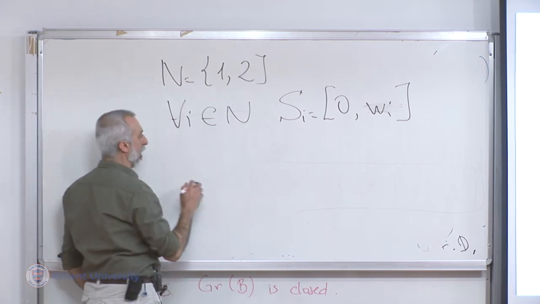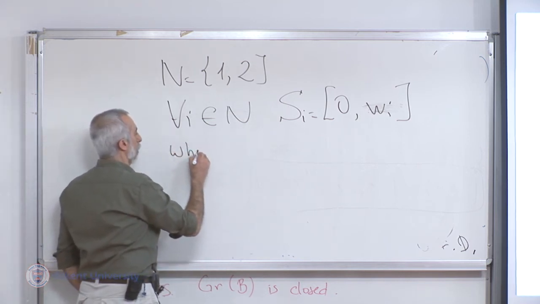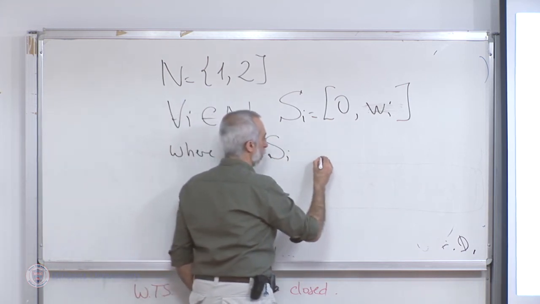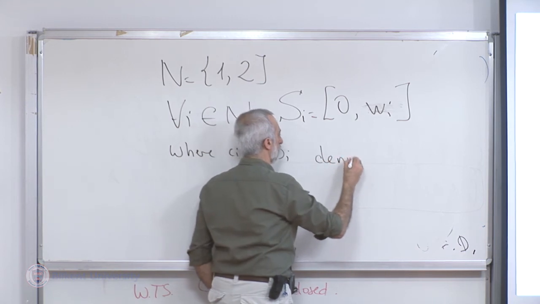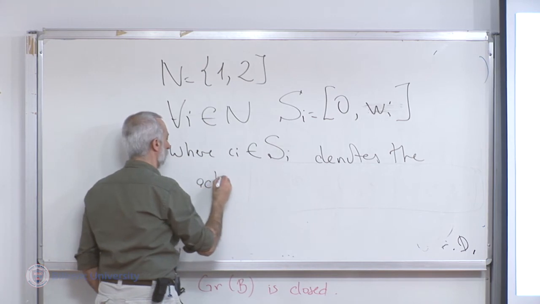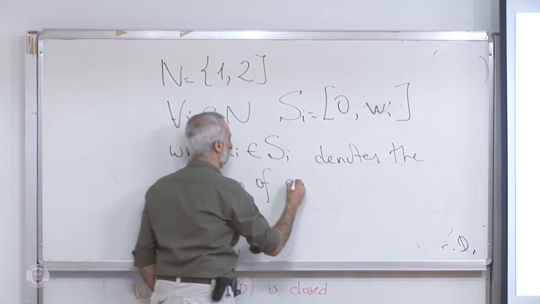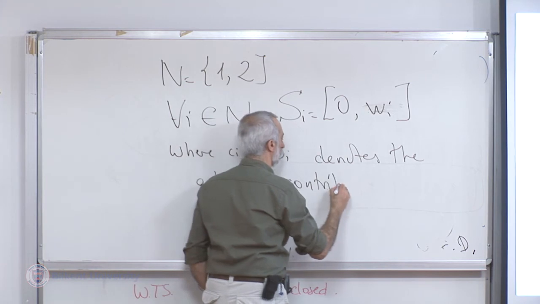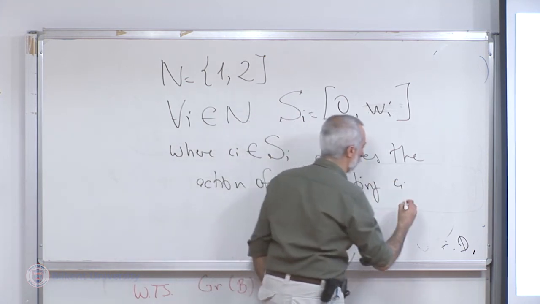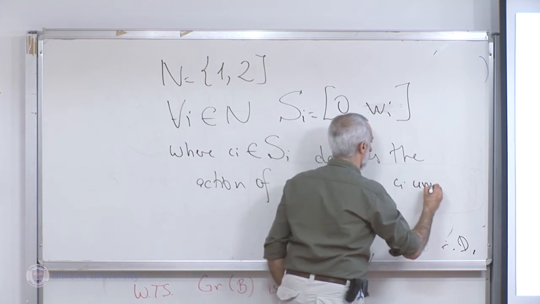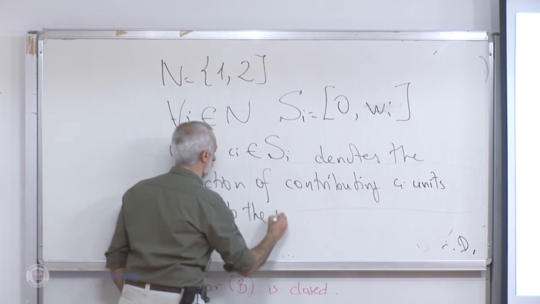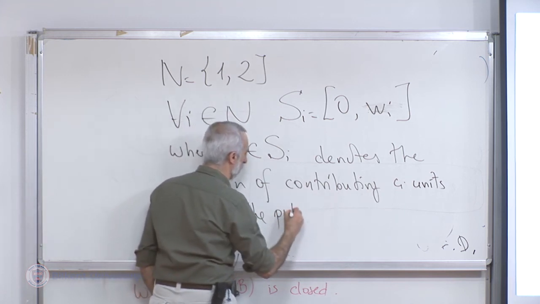So again, let's make a habit of it, where Ci in capital Si denotes the action of contributing Ci liras, dollars, whatever, Ci units to the provision of the public good.